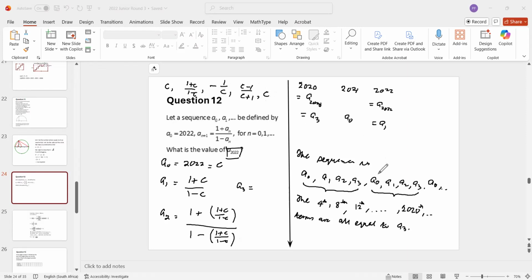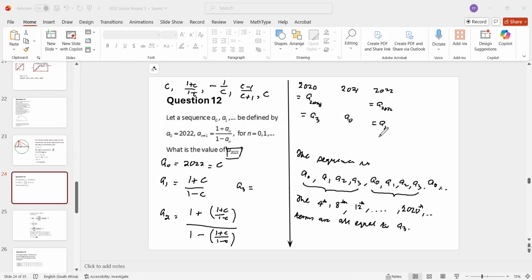No, this is A5. A0, A1, A2, A3, A4. Right. So A4 is A0. Right. So you have fourth, eighth. I'm sorry. This is not the answer that I got, that I remember.